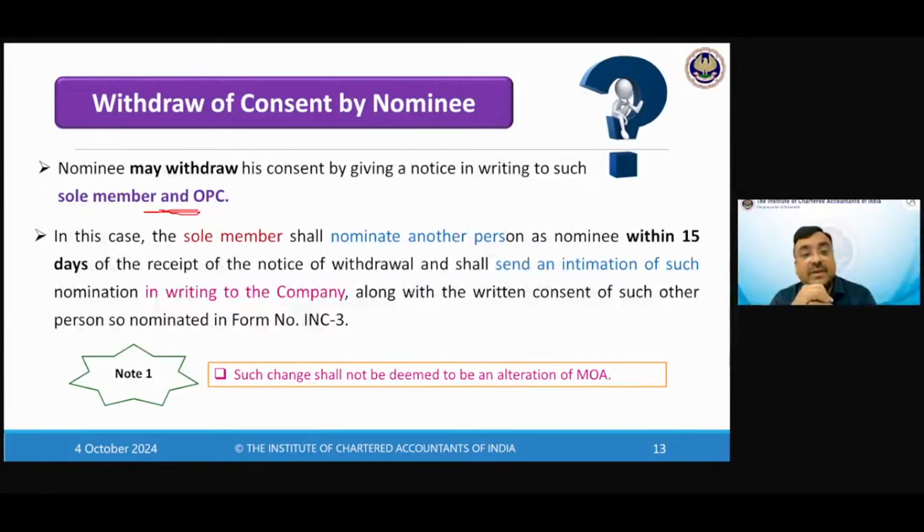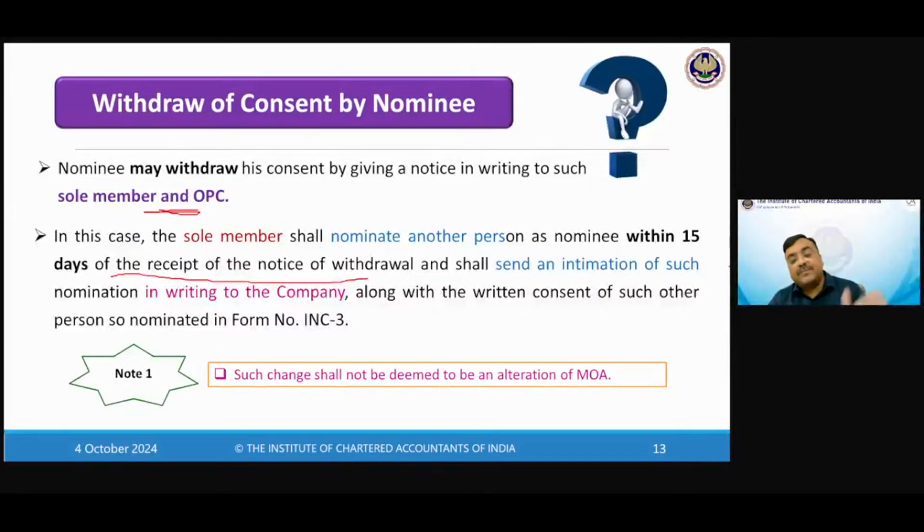In such case, the member shall nominate another person as nominee within 15 days of receipt, please underline, of receipt of notice of withdrawal, and shall send intimation of such nomination in writing to the company, along with the permission of new nominee in the form number INC3. Nominee अपनी consent withdraw कर सकता है, but he has to give the notice to member and also to OPC.